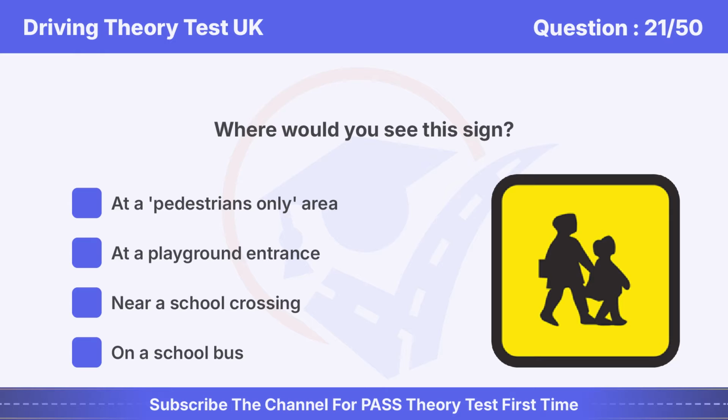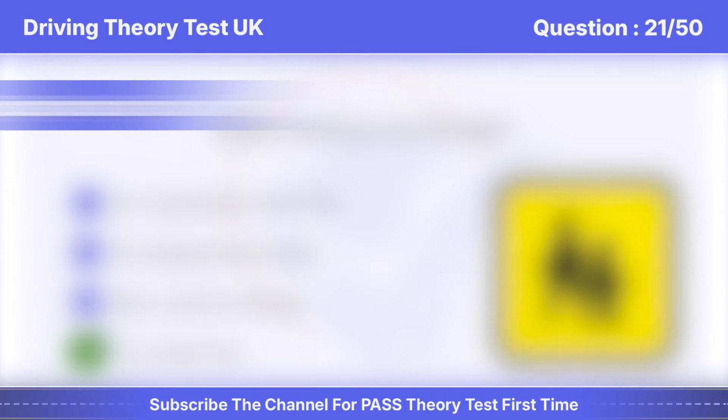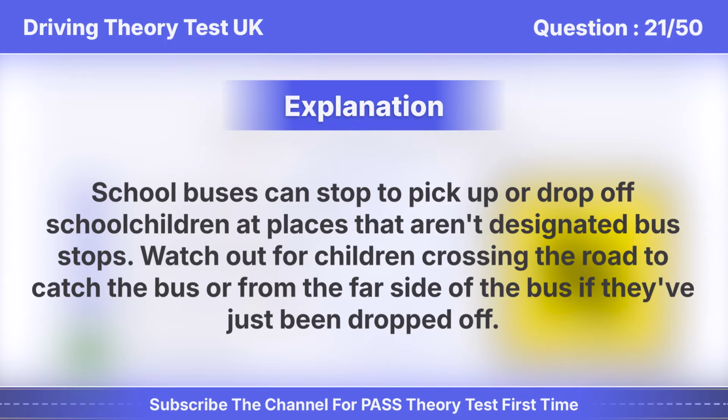Question 21. Where would you see this sign? Answer is D. On a school bus. School buses can stop to pick up or drop off school children at places that aren't designated bus stops.